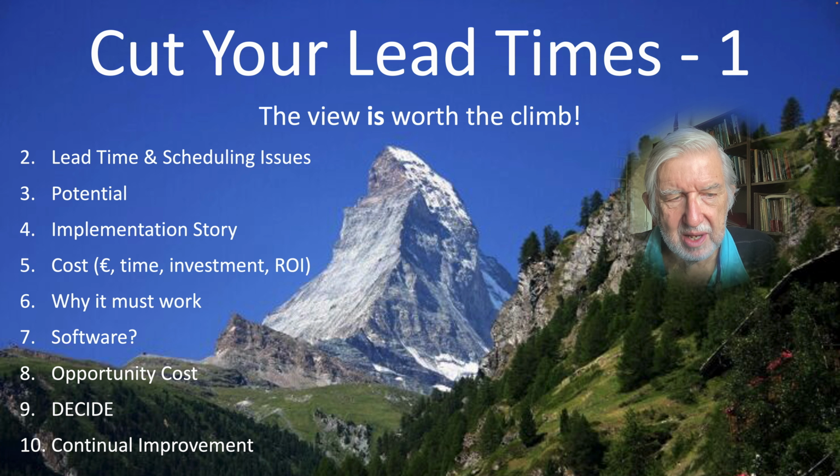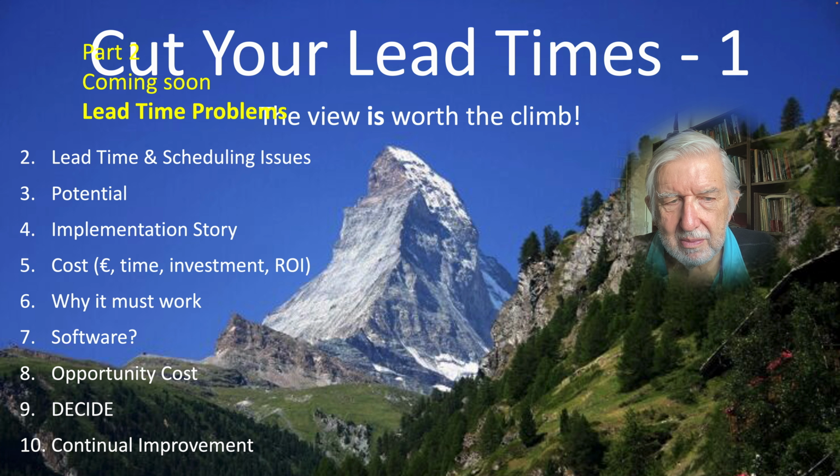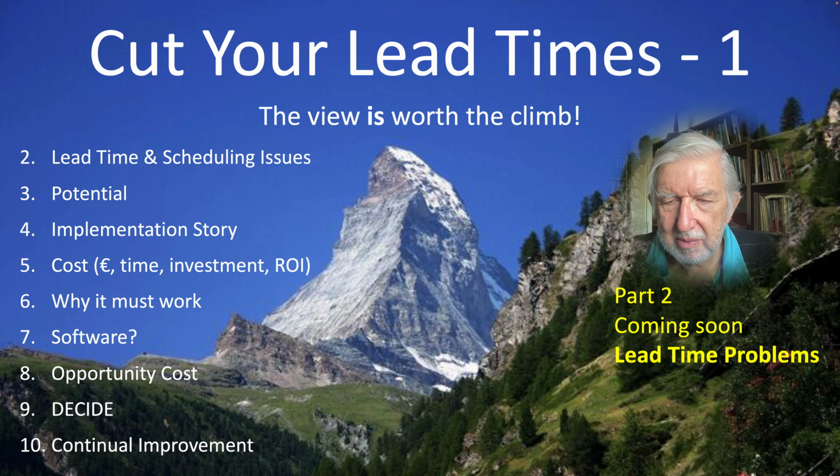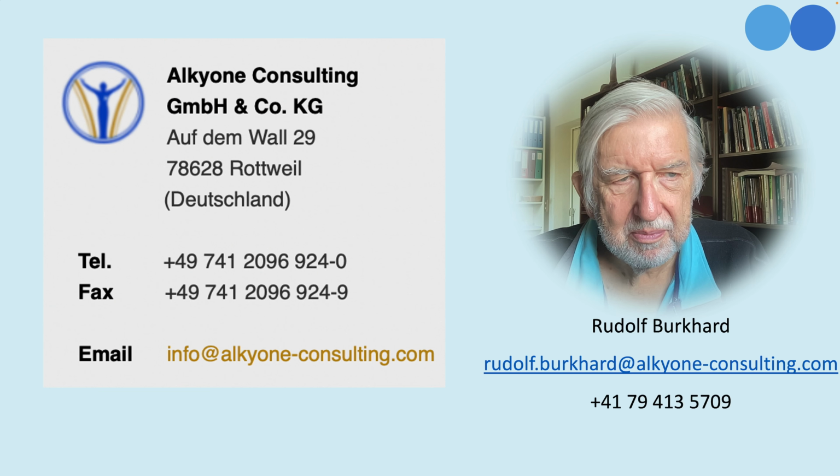So pick the one that is most valuable for your company, whether it's cut your lead time or something else. Then you make the decision, and subsequently, once you have implemented and have achieved the results that you expected, then you can get into continual improvement and make them even better. So coming soon is lead time problems, which we will talk about next.